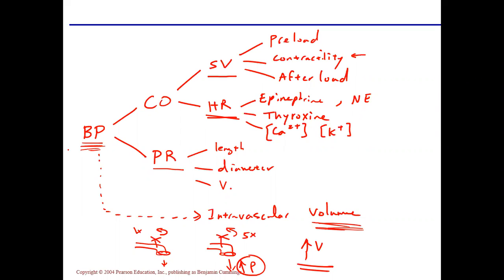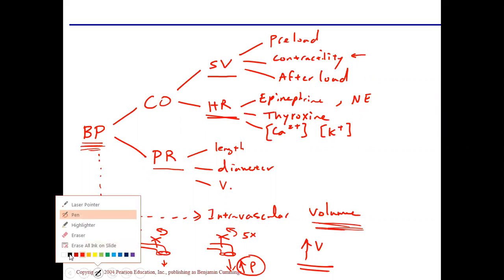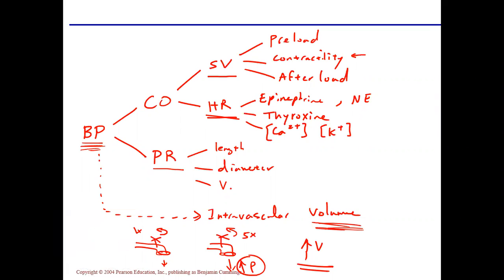And I'm just going to give you a few examples during exercise, for example. During exercise, obviously venous return is going to be higher, contractility is going to be higher, and therefore the stroke volume is going to go higher.